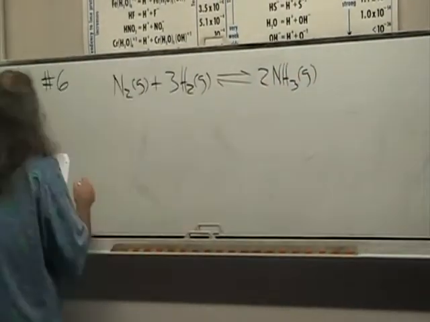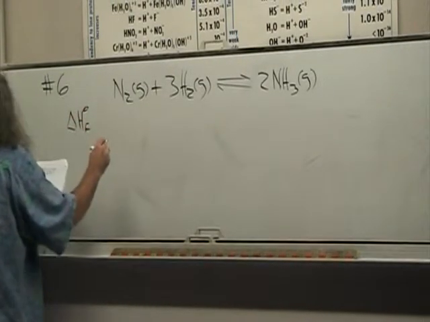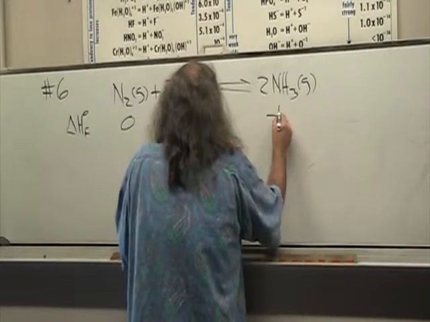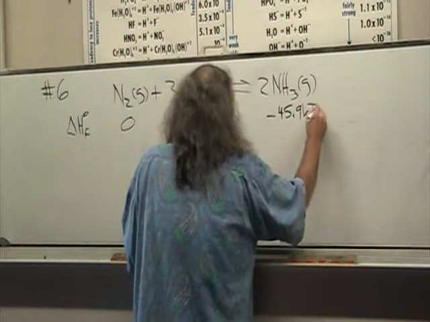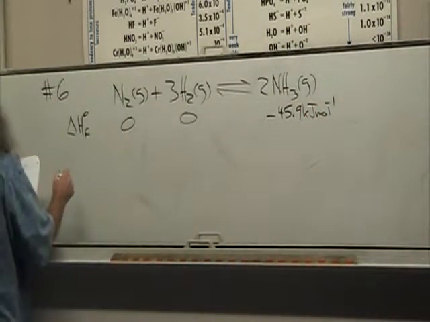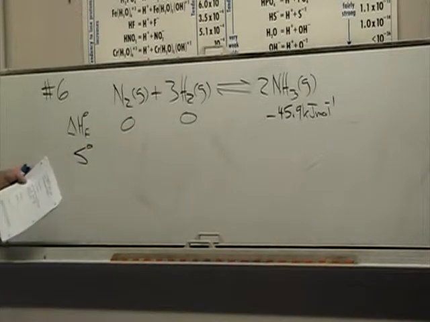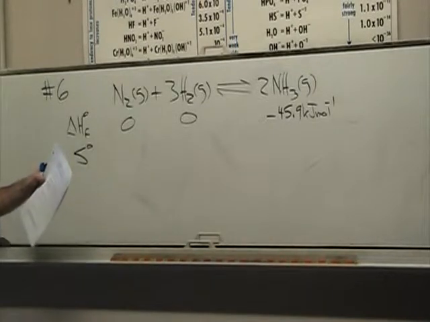You're given delta H of formation as 0, 0, minus 45.9 kilojoules per mole. And the entropy, notice there's no delta there, and that's the way it always occurs in the standard thermodynamic tables.